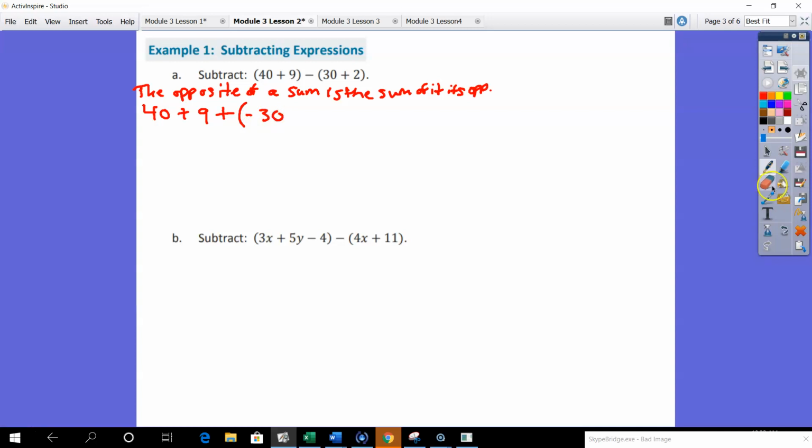Okay, sorry, I'm not going to do it this way. We're just going to add the inverse. Add the inverse.